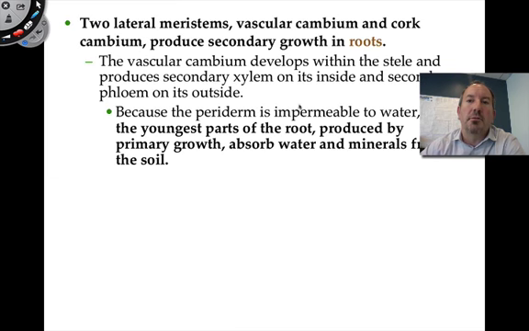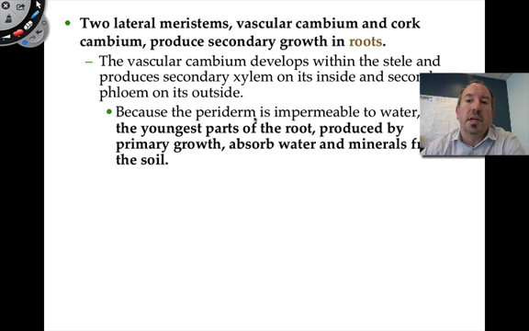And so the two lateral meristems: vascular cambium produces the secondary xylem and phloem, and cork cambium produces the bark, ultimately the cork. But there's also secondary growth in roots. I'm not sure if you realize this, but even the root can become rather thick as well.